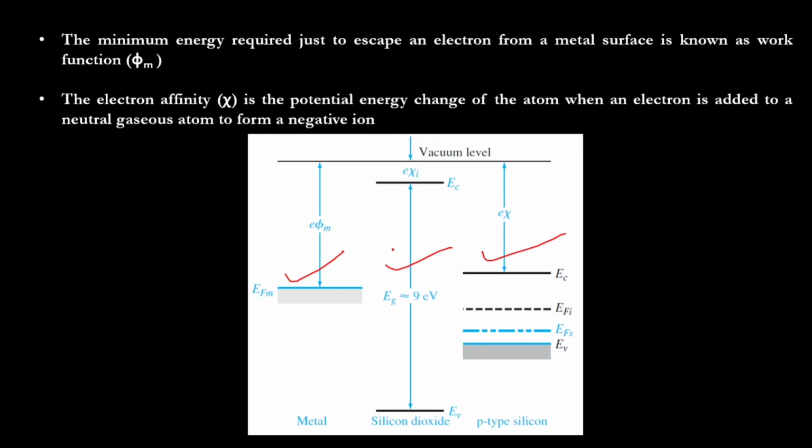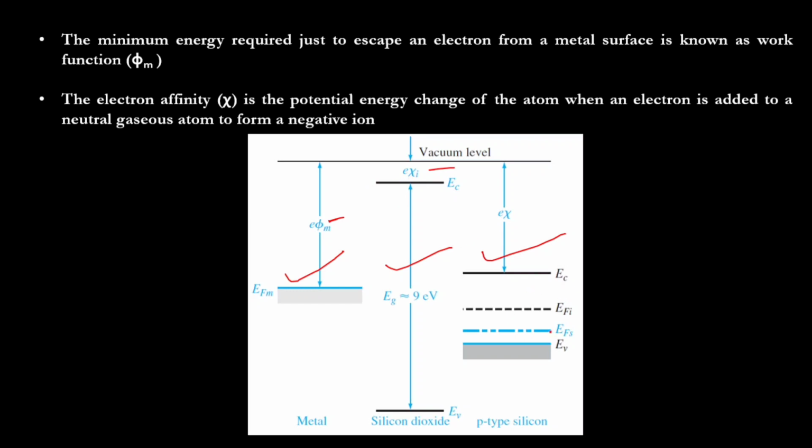Here you can see this energy gap is huge, so the possibility of exciting an electron from the valence band to the conduction band is literally zero. It's an insulator, and this is the Fermi level of the metal. All these energy levels are taken with respect to the vacuum level, and phi m is the electron work function, and psi is the electron affinity.